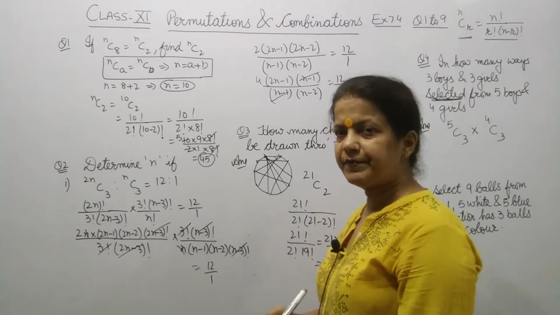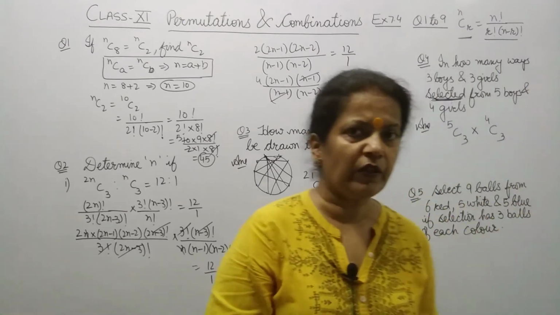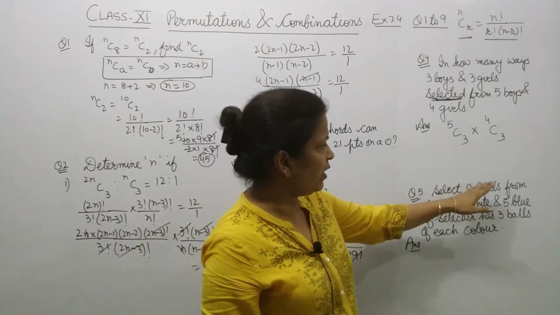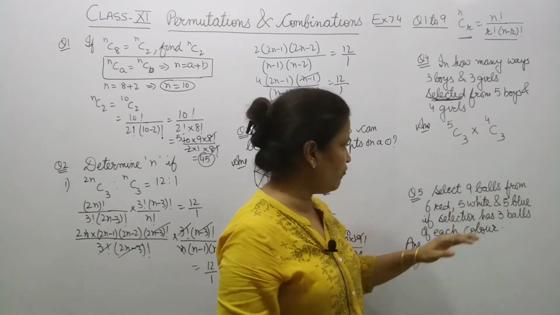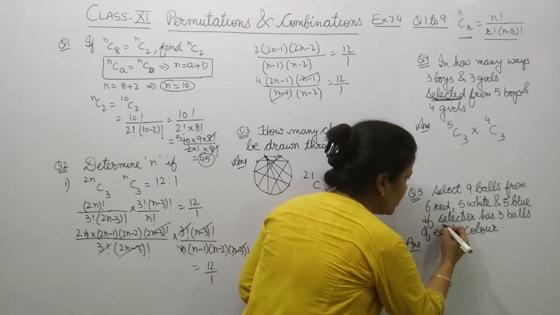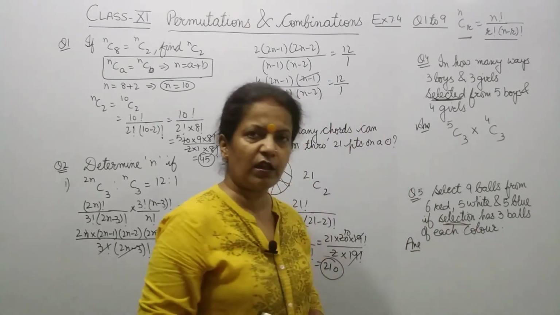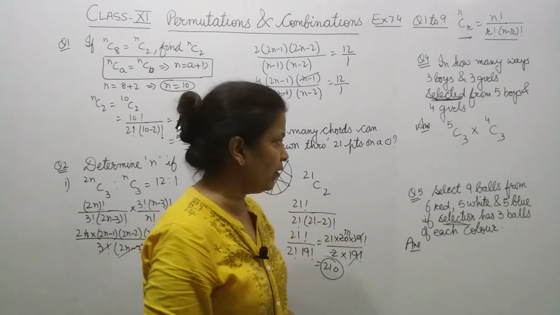Is it clear? Okay. Question 5th: select 9 balls from 6 red balls, 5 white and 5 blue balls. Again selection is written, so it's a combination. Has 3 balls of each color.